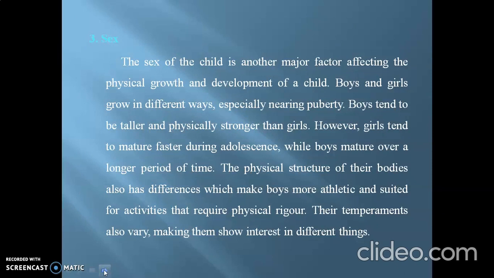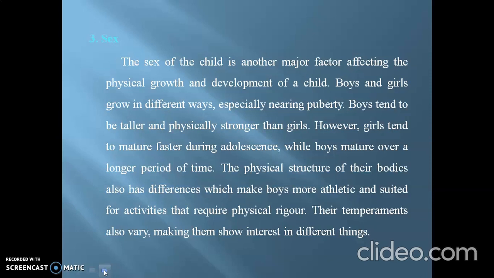The sex of the children is another major factor affecting the physical growth and development of a child. Boys and girls grow in different ways, especially nearing puberty. Boys tend to be taller and physically stronger than girls. However, girls tend to mature faster during adolescence, while boys mature over a longer period of time.